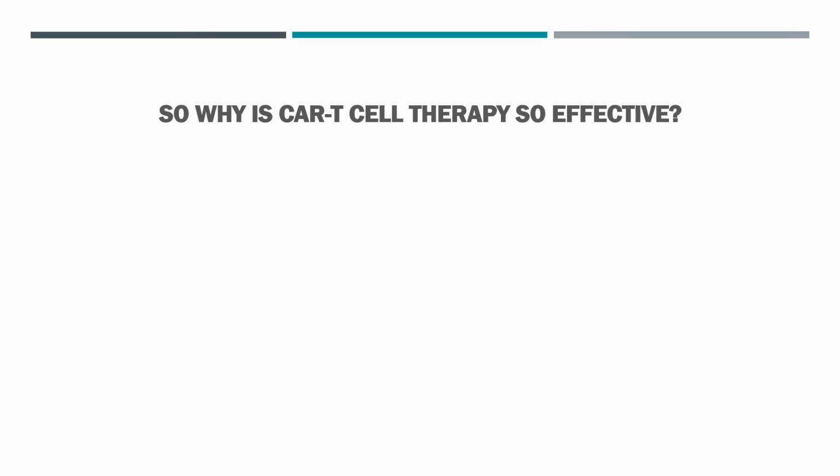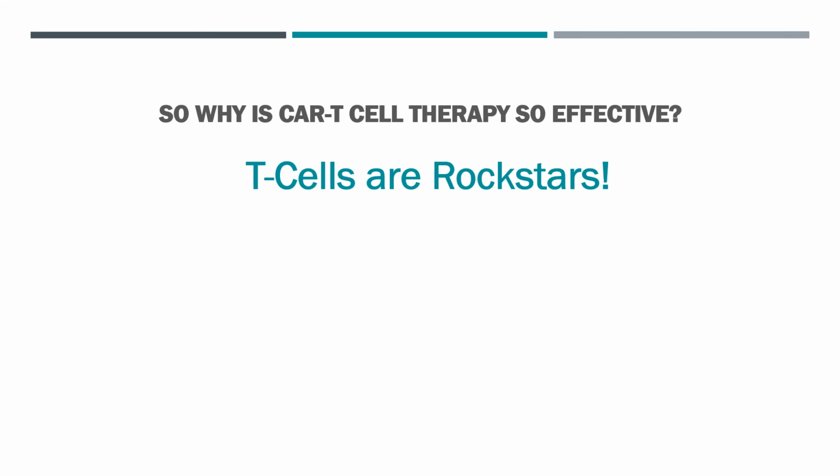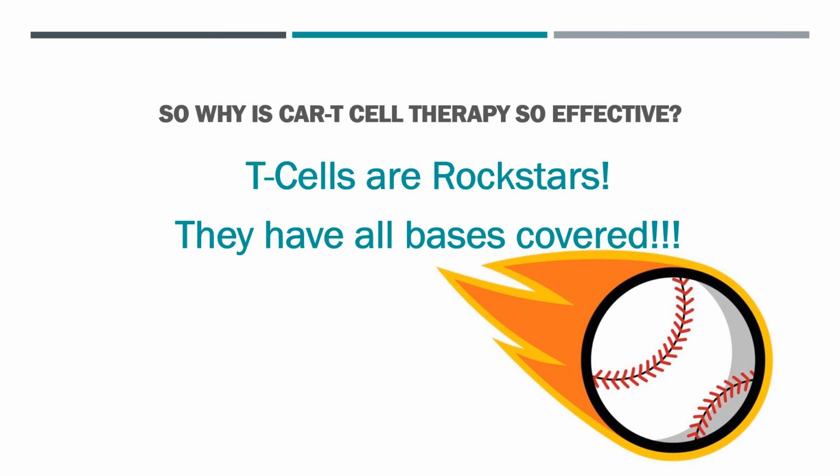So, getting back to the heart of the question, why is CAR T cell therapy so effective? It's because the T cells are rock stars. They really have all bases covered. We have a group of cells that can really take action, the cytotoxic T cells. We then have another subset that are there to help the cytotoxic T cells recruit other immune cells, and those are helper T cells.